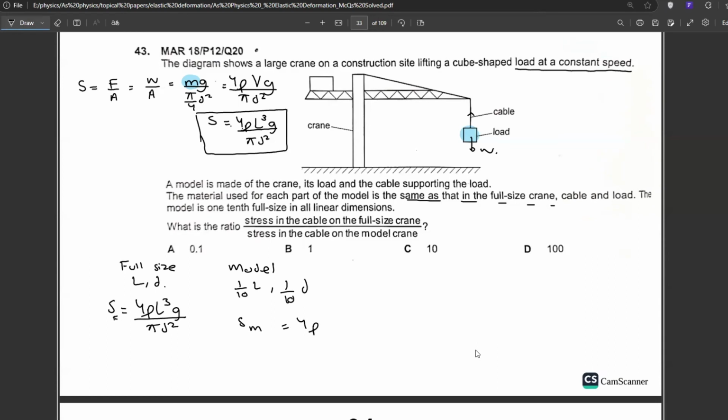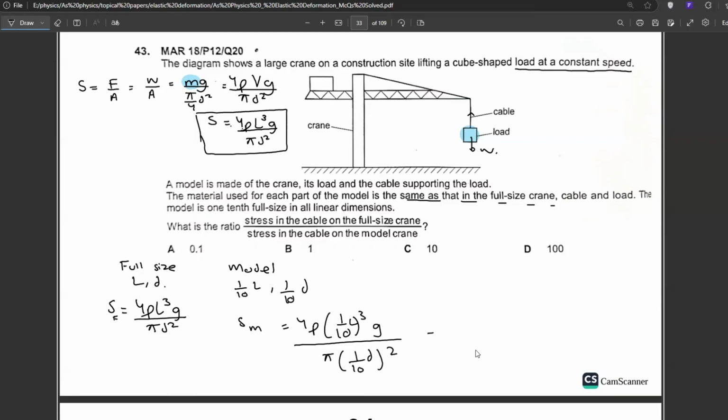4 density, 1 over 10 L cube into g, divided by pi, 1 over 10 d square. Okay. What can you see?